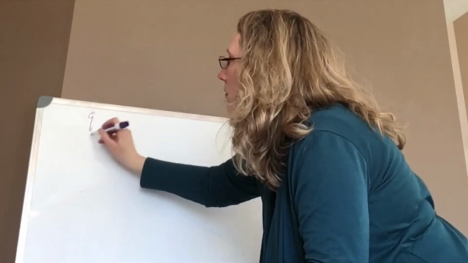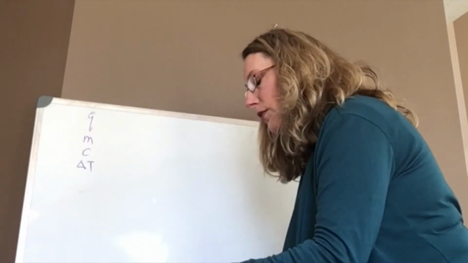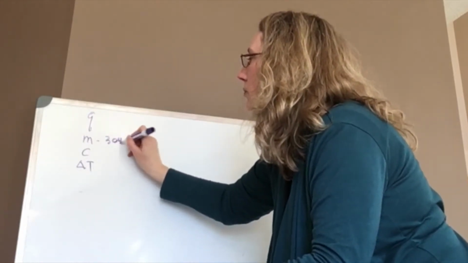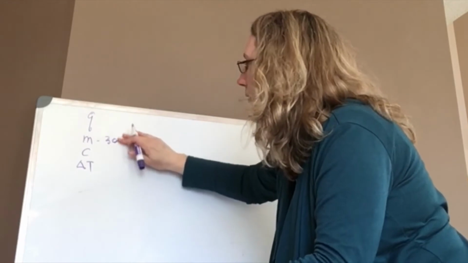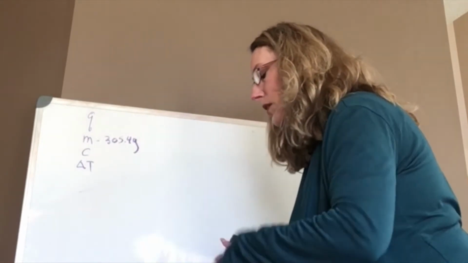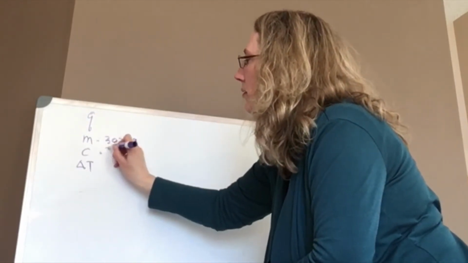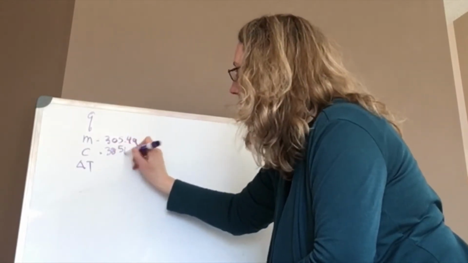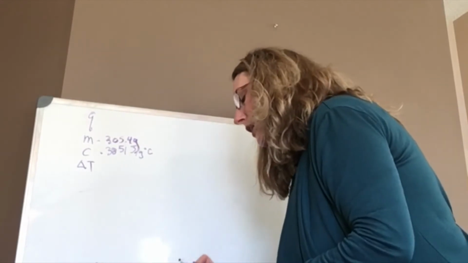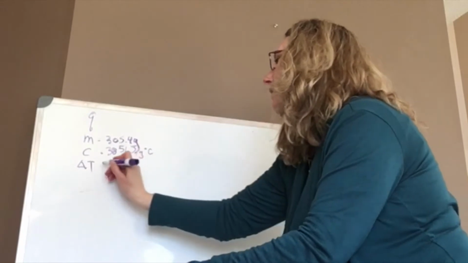I need Q, M, C, delta T. A 305.4 gram mass of copper, so go back to your chart, 0.3851 joules per gram degree C. Is initially at 75 degrees Fahrenheit.